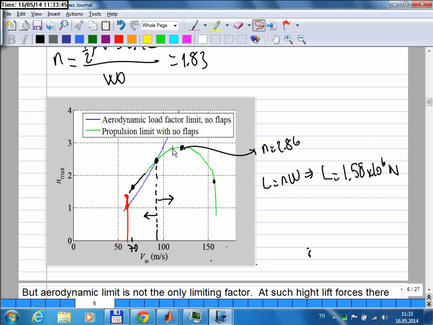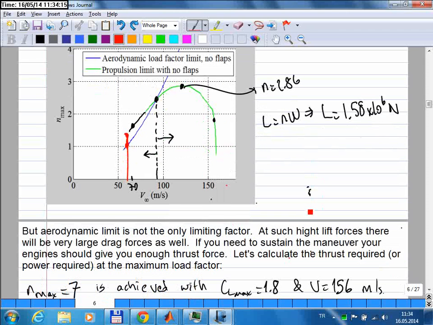The aircraft will start slowing down, because the engine will not be able to balance the drag force. Okay? And if there's a structural limit, and that is the limiting factor, then you should say that if the pilot tries to reach a higher load factor, then the wings will be damaged. That will be the answer. Okay?